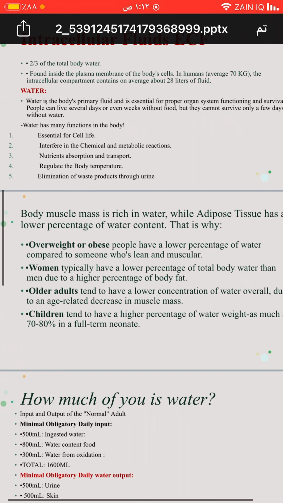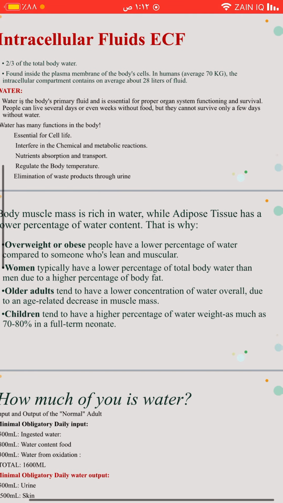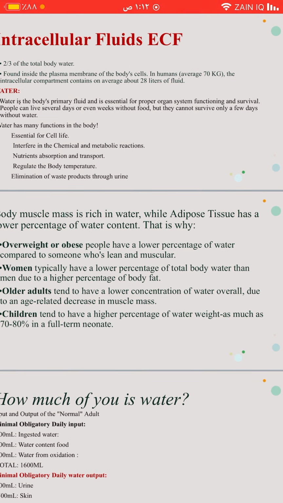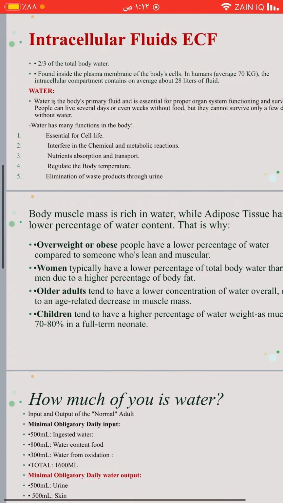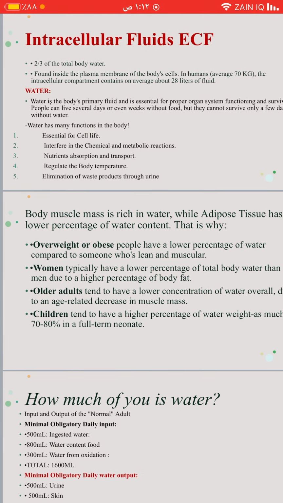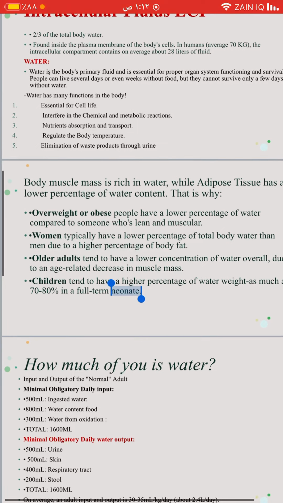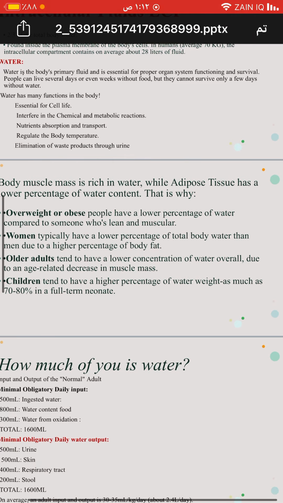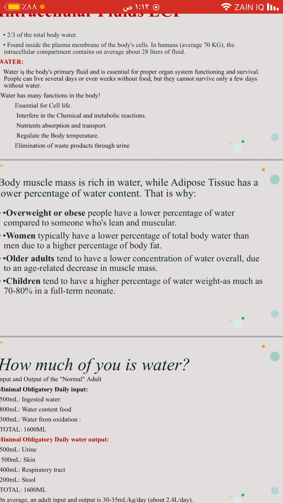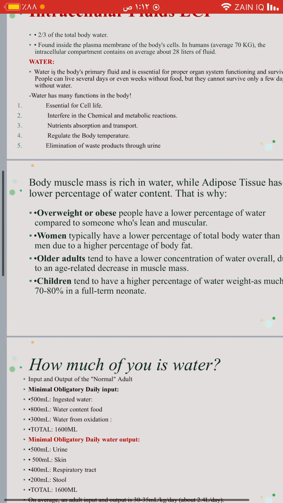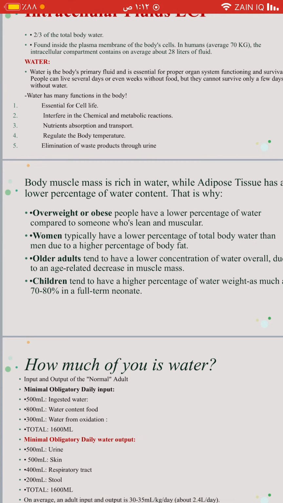Older adults tend to have lower water concentration overall due to age-related decrease in muscle mass. Children tend to have a higher percentage of water weight, as much as 70 إلى 80% in full-term newborns.